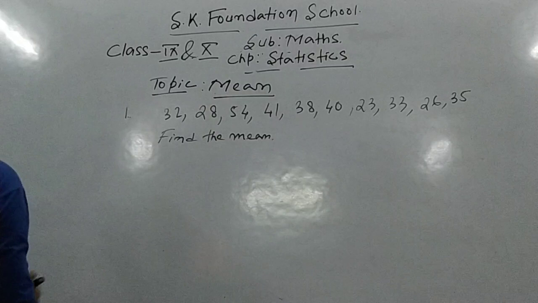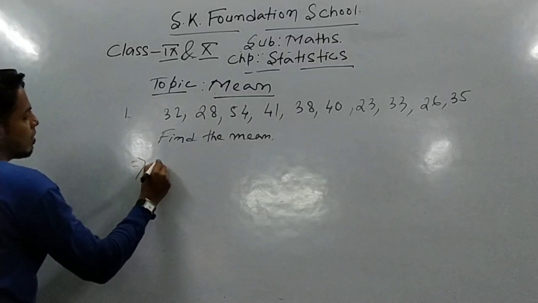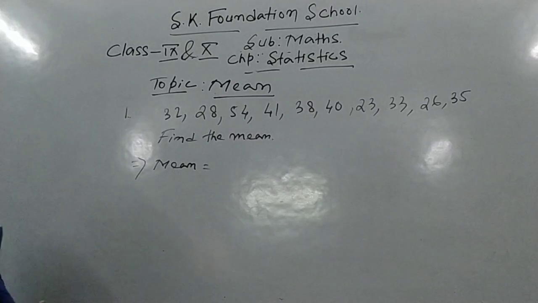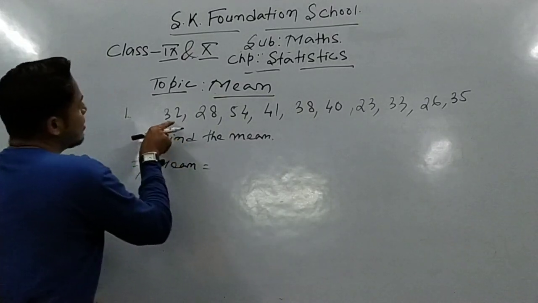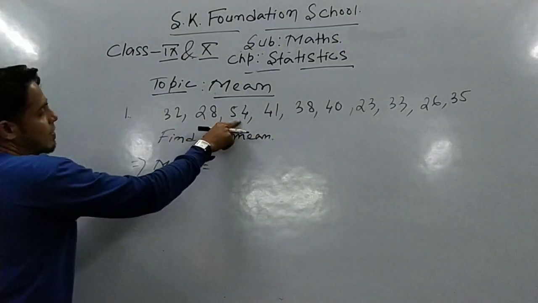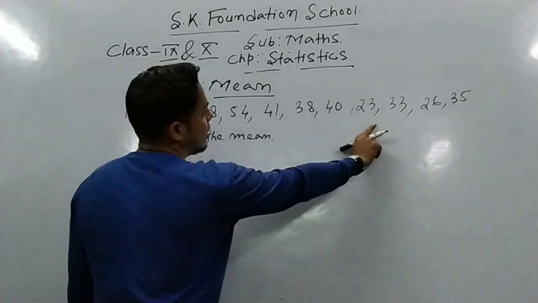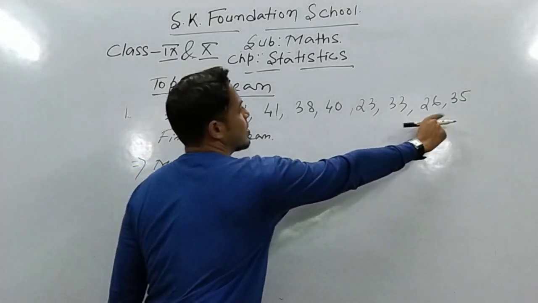So the formula of mean: sum of all observations by total number of observations. The observations are 32, 28, 54, 41, 38, 40, 23, 33, 26 and 35.